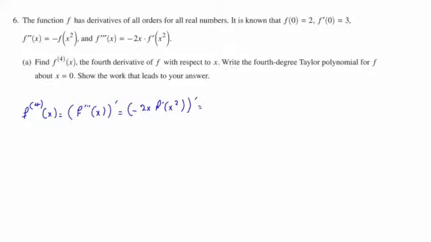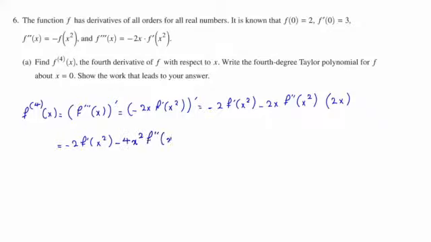It will be the derivative of this part, negative 2 times f prime of x squared, and then minus 2x f double prime of x squared times the derivative of this part by chain rule, x squared, which is 2x. And if you simplify, it will be negative 2 f prime of x squared, negative 2x times 2x equal to negative 4x squared, f double prime of x squared.